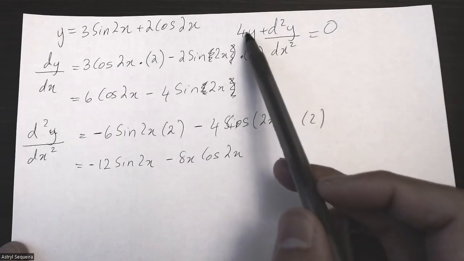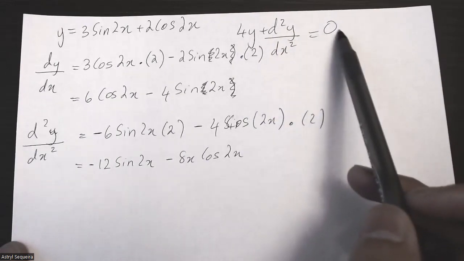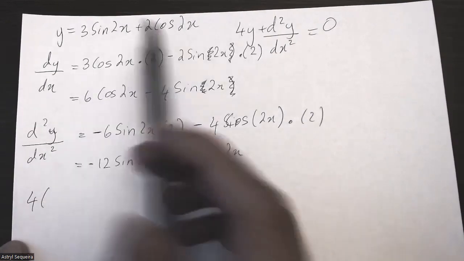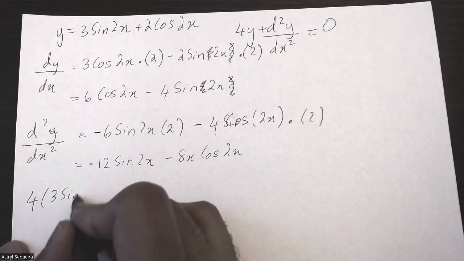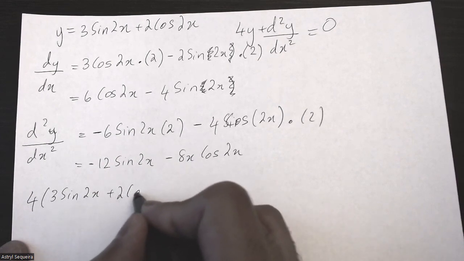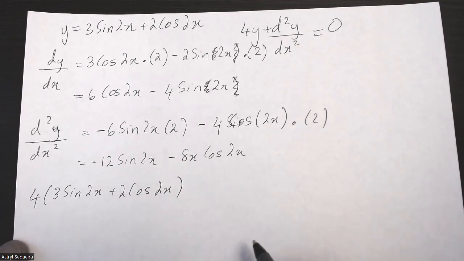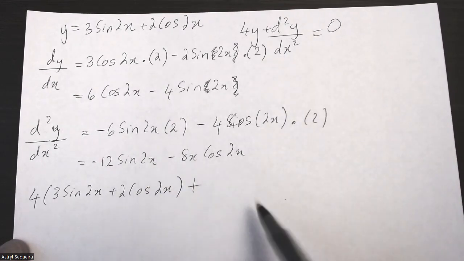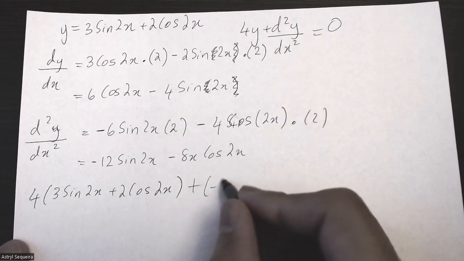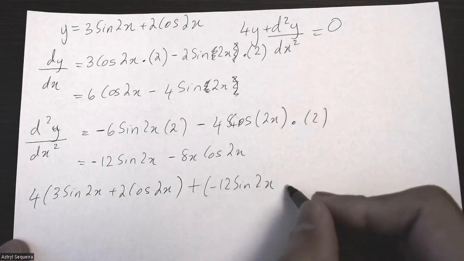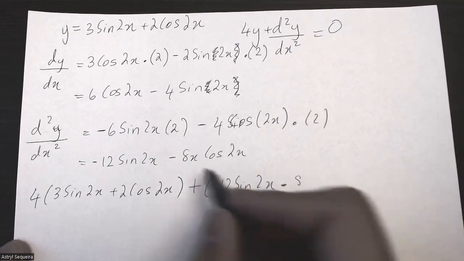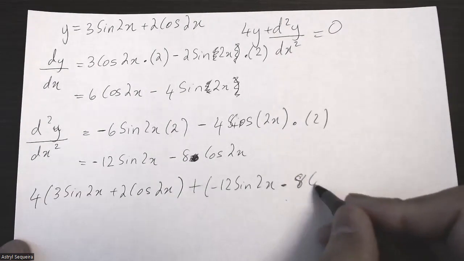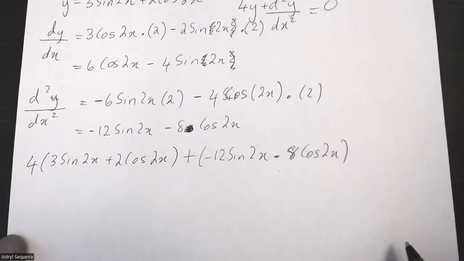And then I want to sub this all into this equation and prove that it equals 0. So 4 times y is 4 times the original equation here, which is 3 sine 2x plus 2 cos 2x. And then I want to add the second derivative, which is negative 12 sine 2x minus 8 cos 2x.